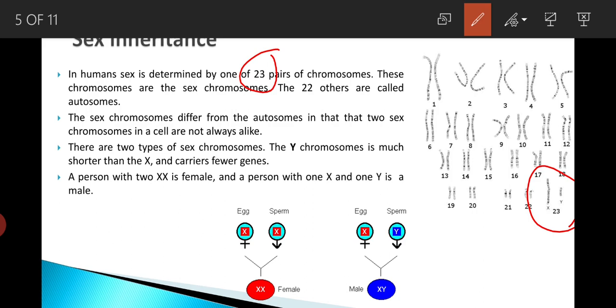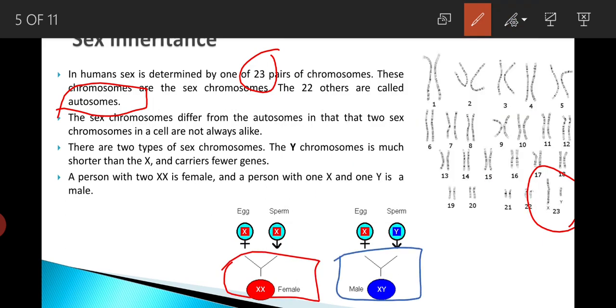The first 22 pairs are called autosomes, and the last pair is the sex chromosomes. These chromosomes determine the sex in individuals. So if the person is XX, it will be a female, and if the person is XY, it's going to be a male.